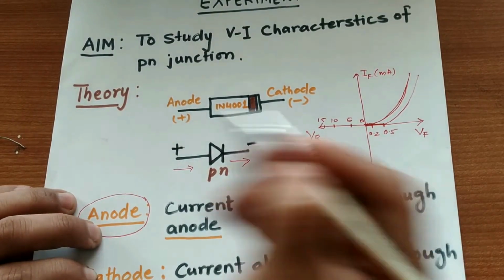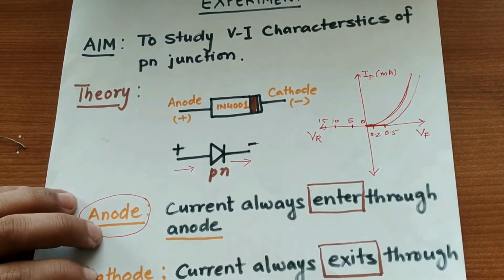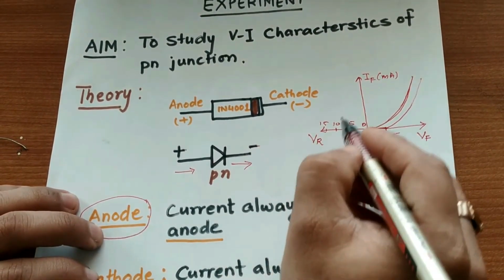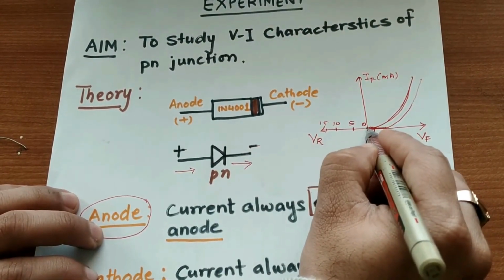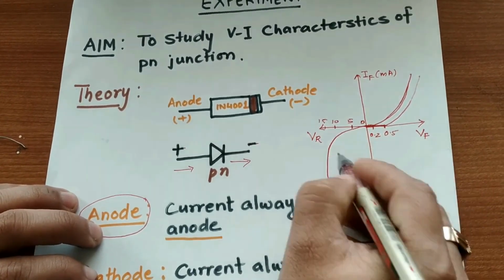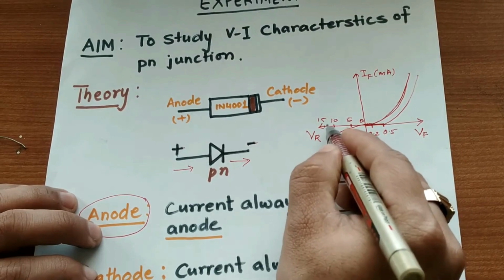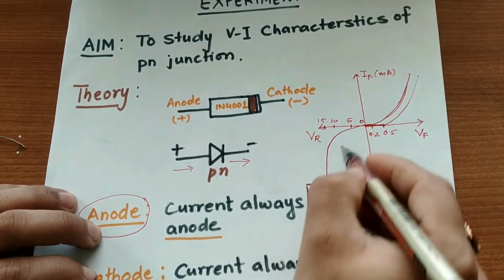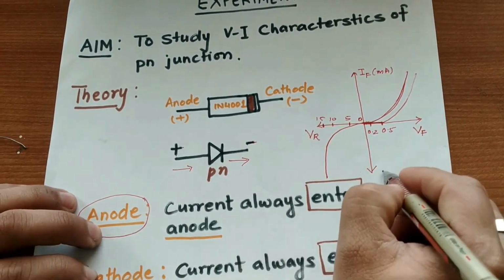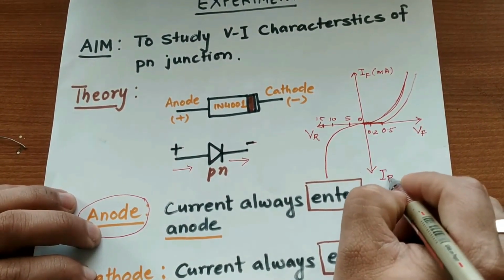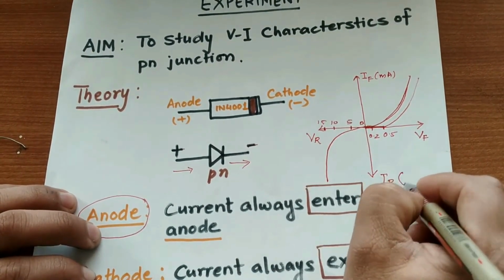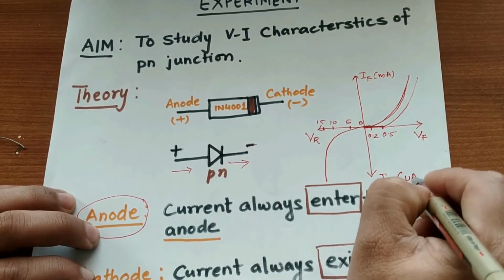And the characteristic you get in a reverse bias diode, which you have already studied in your theory classes, is something like this: after applying some range of voltage, there is a sudden increase in the current. The current in the reverse direction we measure as IR, and it is measured in microamperes.